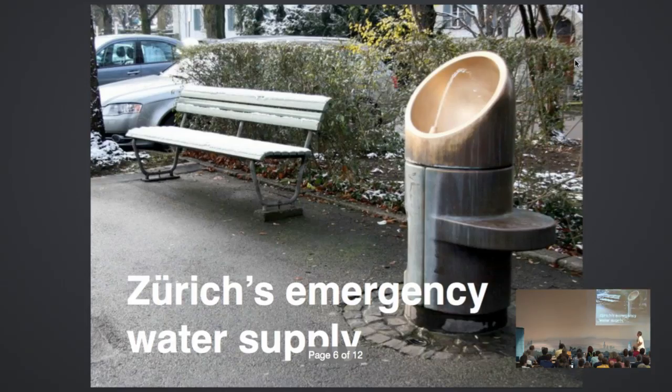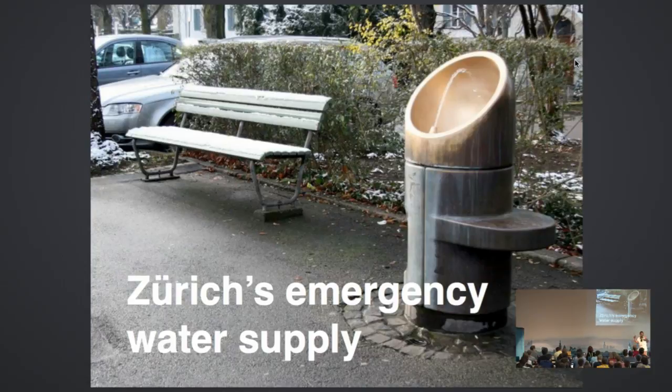And this reason is these fountains here, which are Zurich's emergency water supply. So water from those fountains is not the same water that comes out of the faucets. And the reason is these fountains help in cases of disaster.